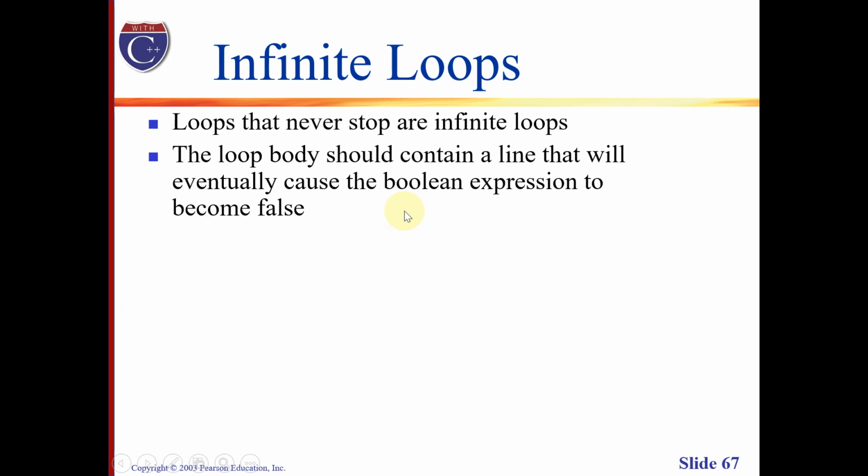The loop body should contain a line that will eventually cause the Boolean expression to become false, just like what we have in the previous example, whether it's a while loop or a do-while loop. There should be some way to update the variable in our Boolean expression so that it would eventually become false and therefore ends our loop.